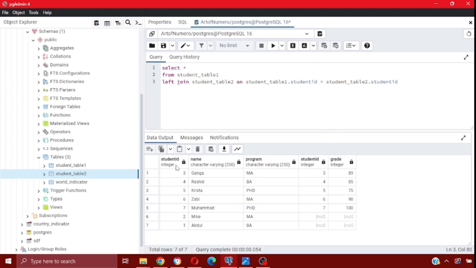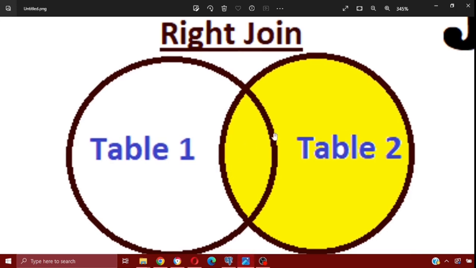Don't get confused with left and right just because I have table two on the right and table one on the left. It's not about left and right. It's about the logic of one table keeping all of its values, and the other table only losing the values that have no matching primary keys in the other table.